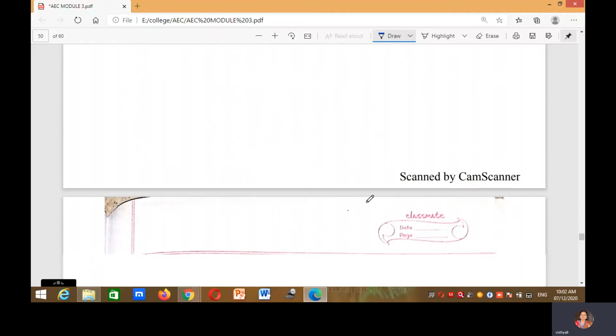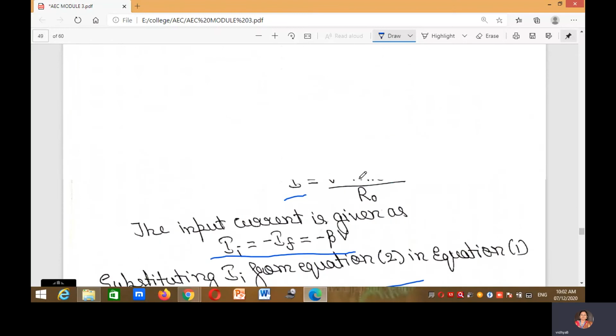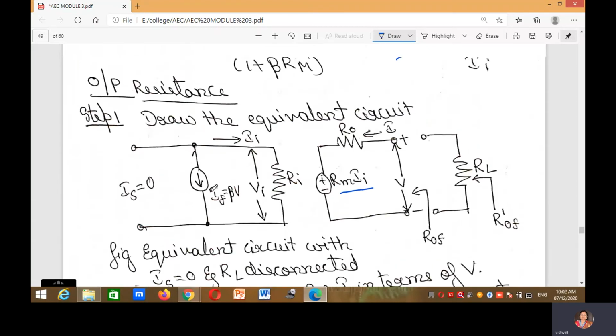In the next class we shall solve the problems. Before going to the problems, in the last topic we have done the same thing.